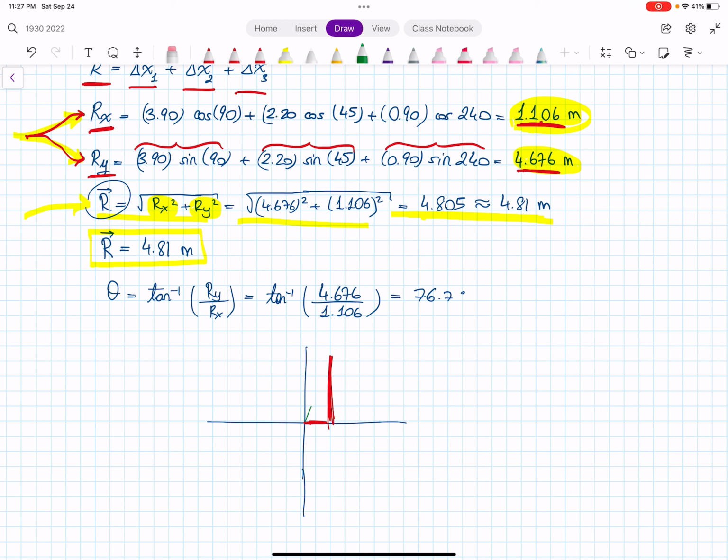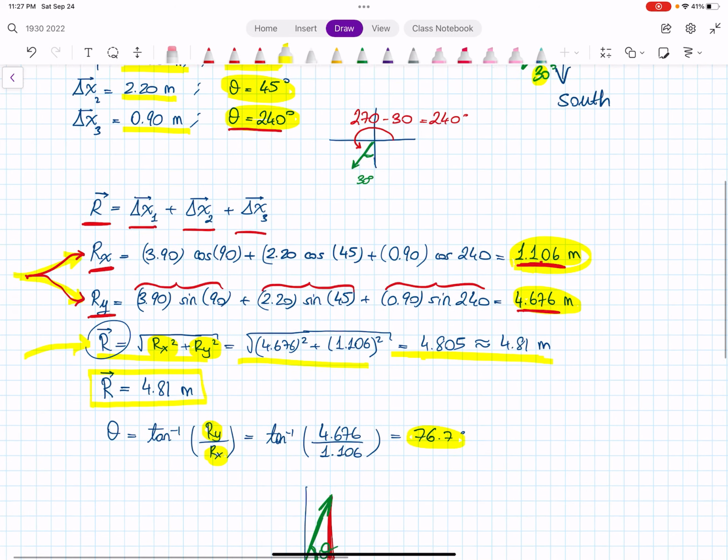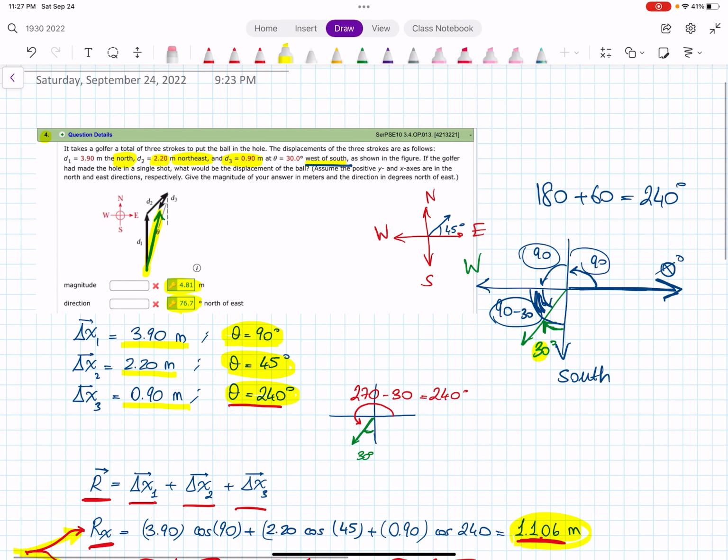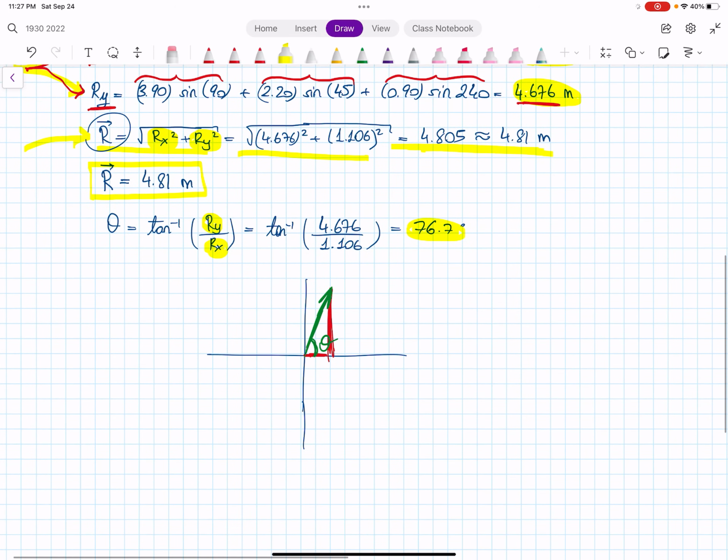How do you find the actual displacement vector itself, the resultant vector itself? Right here, you're trying to figure out the angle. Arctangent, the vertical component divided by the horizontal component, right? Plug in and you get 76.7 degrees. 76.7 degrees north of east.